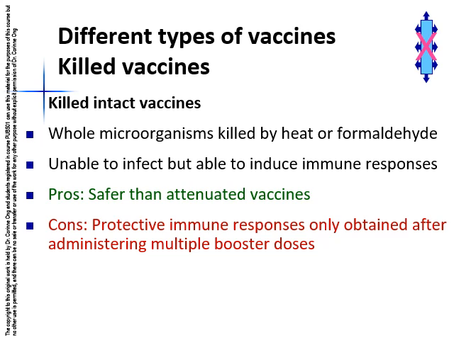Killed intact vaccines are entire or whole microbes that have been killed either by heat or chemicals, such as formaldehyde. Even though they are unable to infect, they still are able to induce immune responses. They're therefore safer than attenuated vaccines, but they don't provide protective immunity with a single dose, and multiple booster doses are usually required.